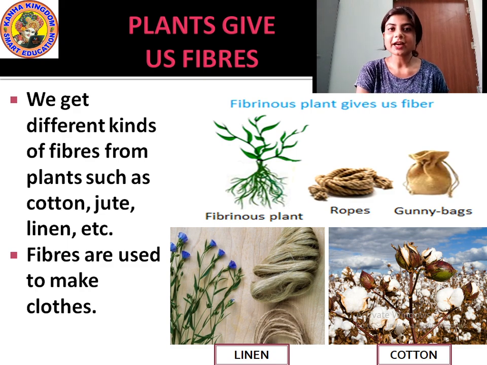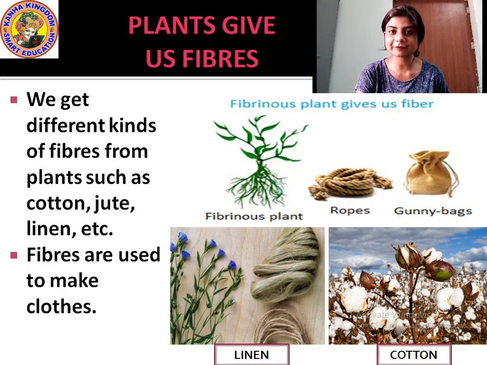Now students, comes the fibers. Plants also give us fibers. Fibers are actually the thread. Different kinds of thread are used to make clothes, and these fibers are obtained from plants.